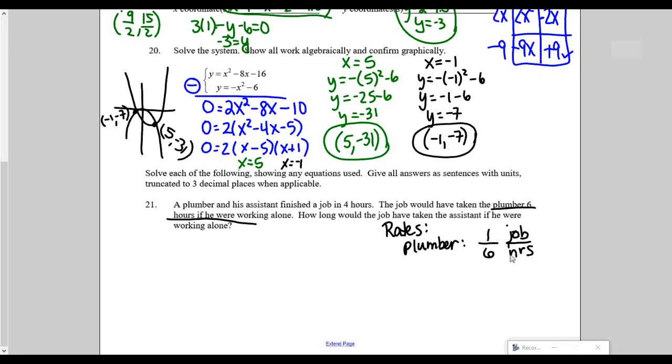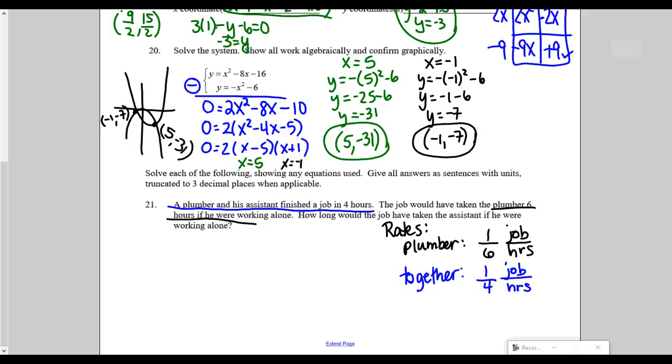Or he does 1/6 the job every hour. Now together, the plumber and assistant do the job in 4 hours. So together, we have one job in 4 hours.